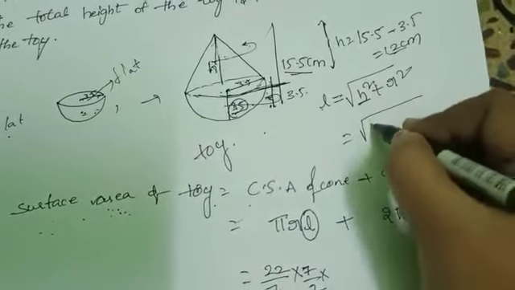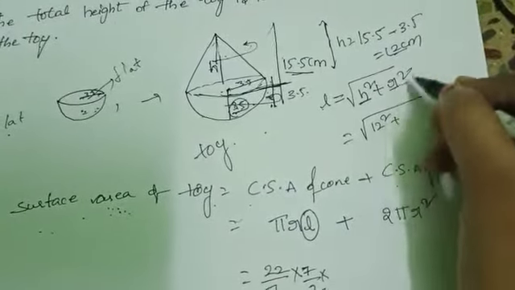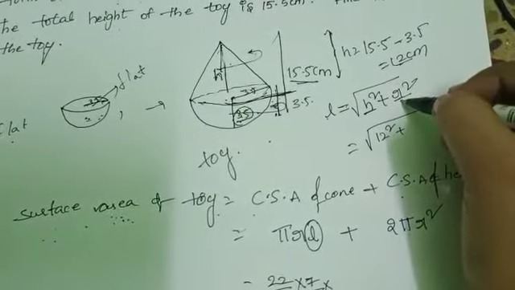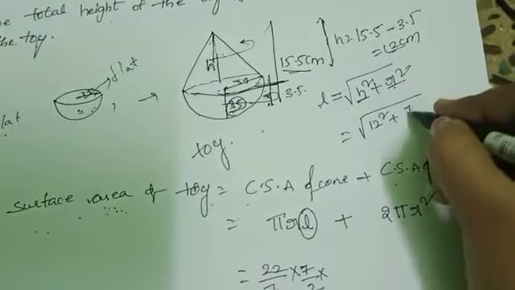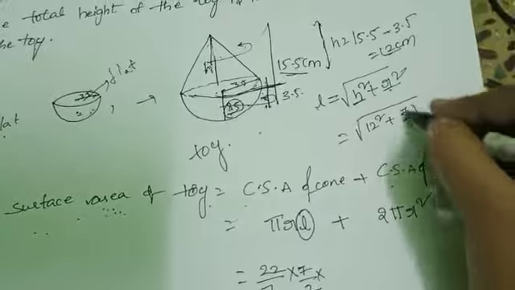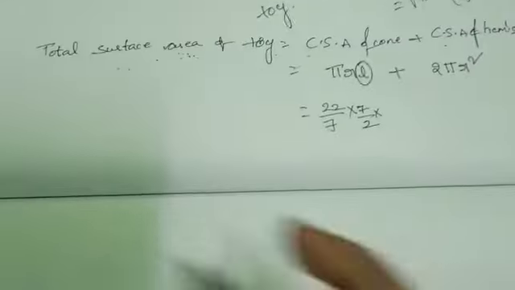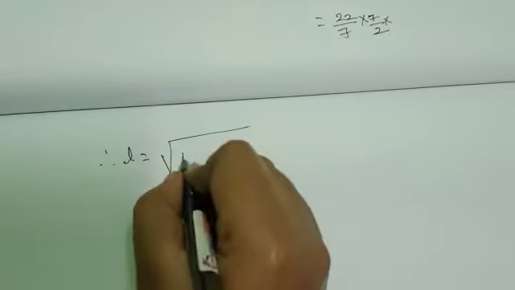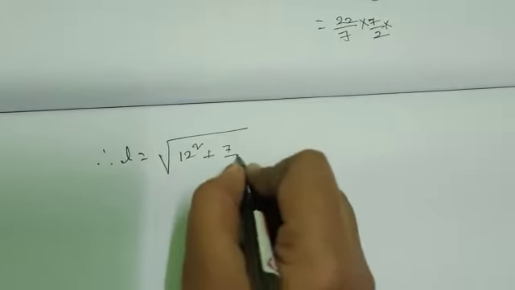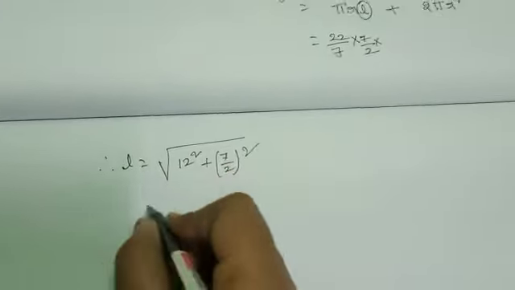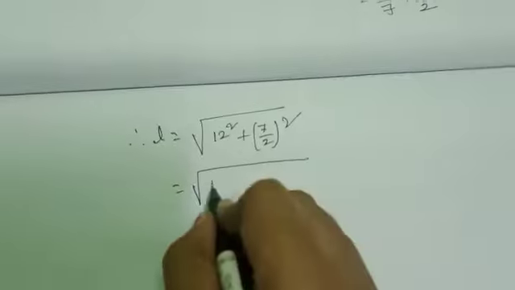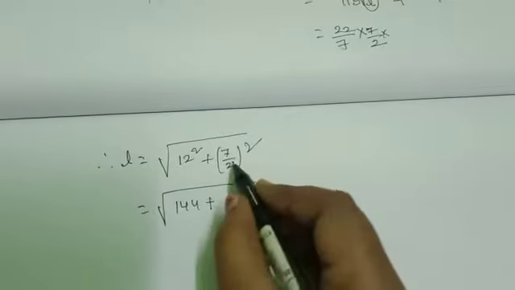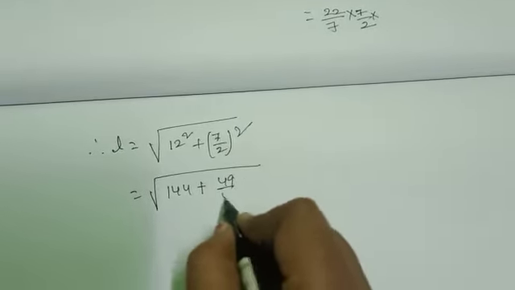L equals root over 12 square plus r square. The radius of the cone is 3.5, write it as 7 by 2, whole square. So L equals root over 12 square plus (7 by 2) whole square. 12 square is 144. 7 square is 49. 2 square is 4.